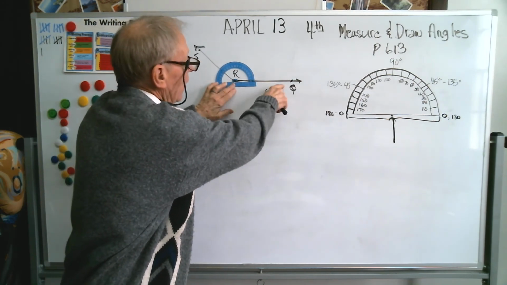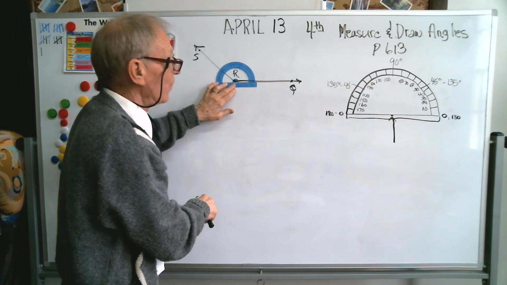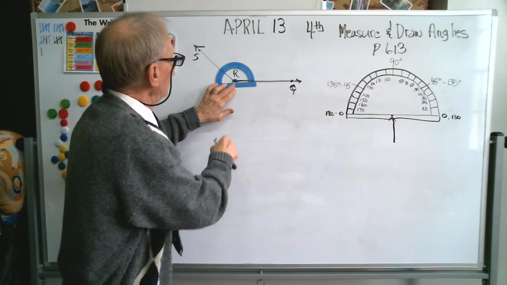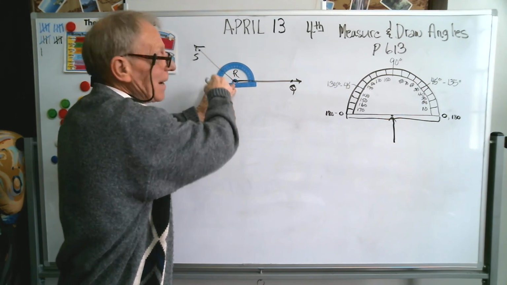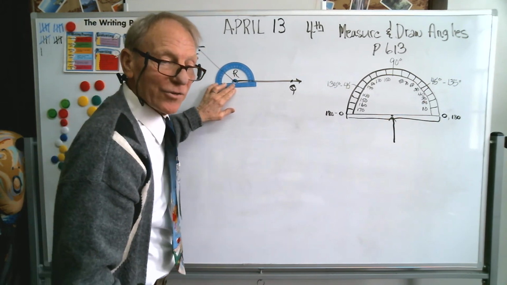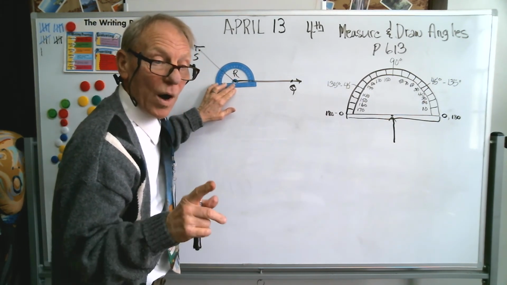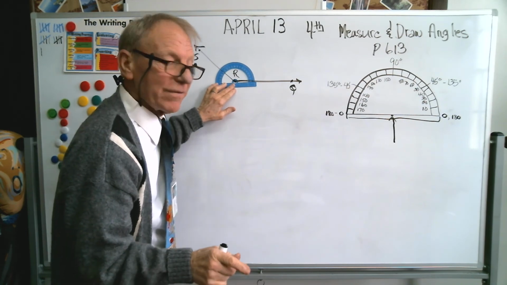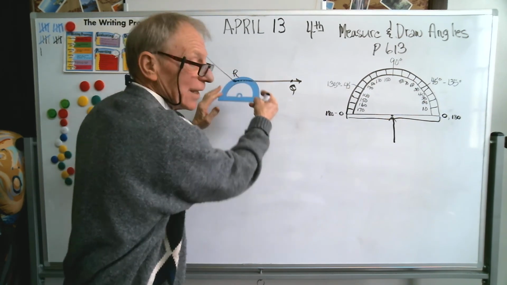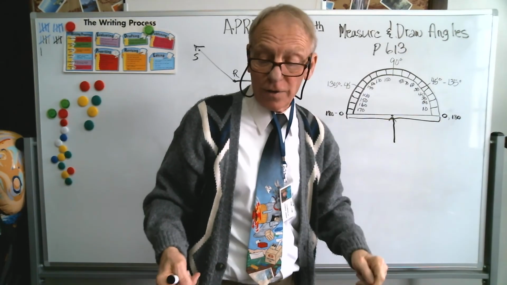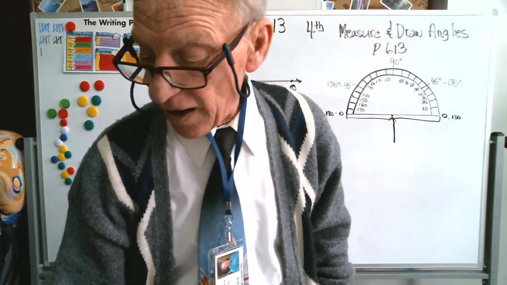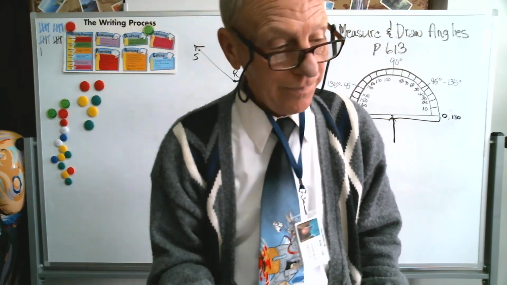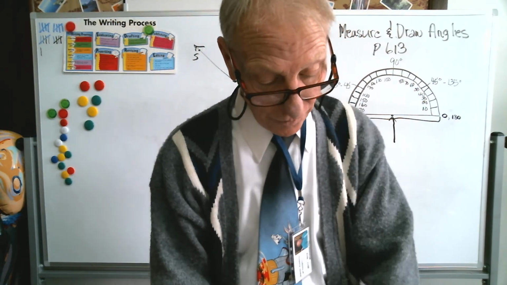But on our RQ line, we're going to line that up, and then we're going to look at the protractor to see what number that line passes through. And guess what? 135. So our answer is an obtuse angle with a measurement of 135 degrees. Now, that's all there is to it.